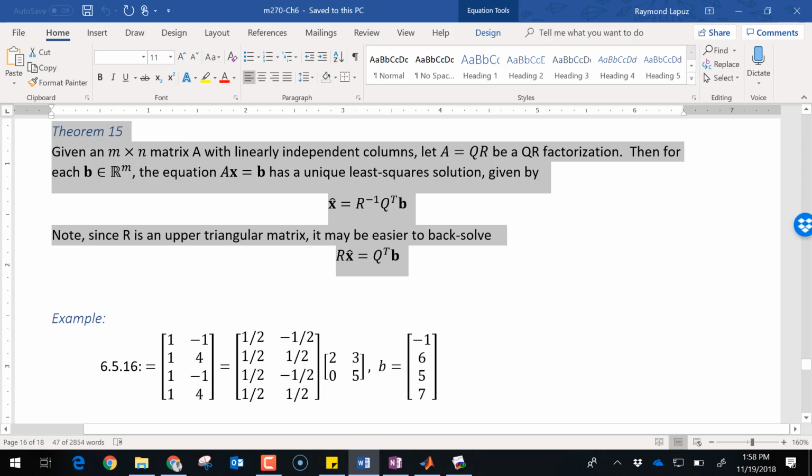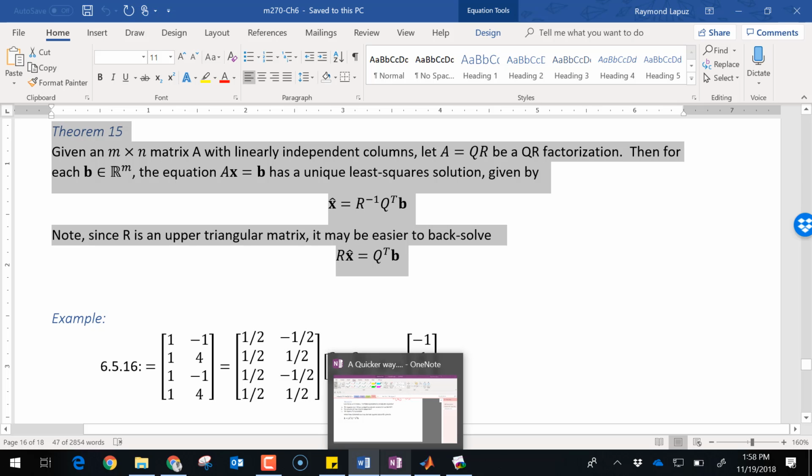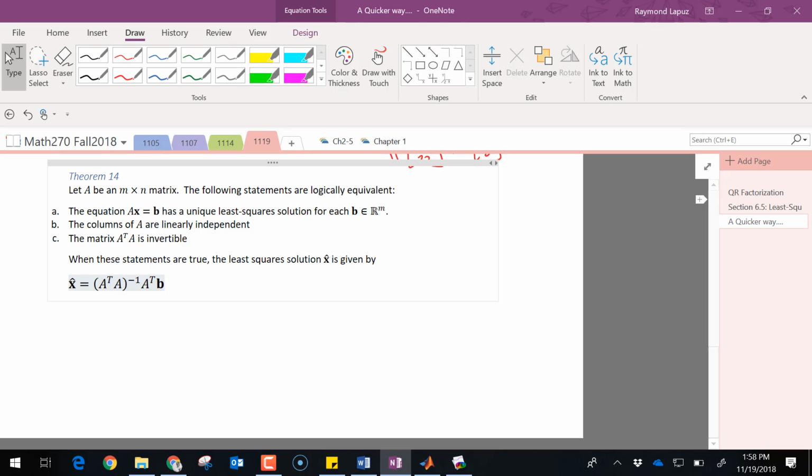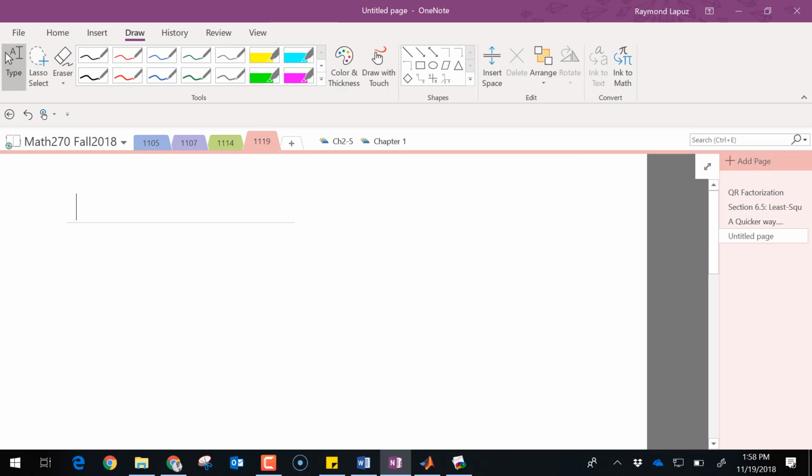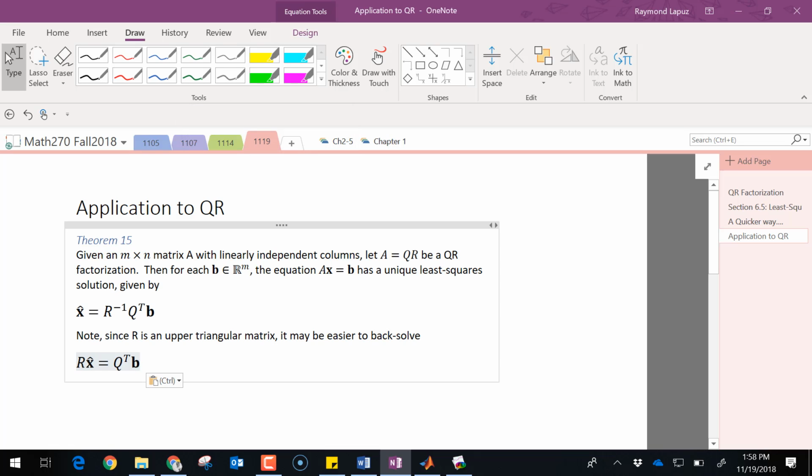So another quick theorem that brings us back to the QR factorization, another good reason to have a QR. If you can rewrite your matrix A and do the QR factorization for the matrix A, then you can find the solution a little bit quicker, if you already have the QR factorization, that is.